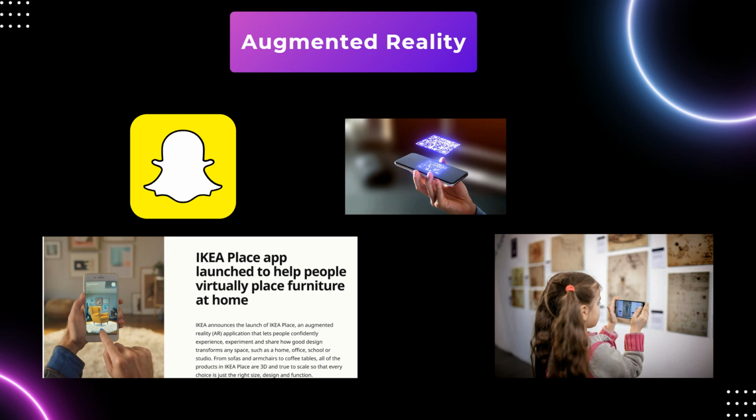As far as education goes, we can use apps such as, or a website such as WebAR, or apps such as Time Capsule to bring to life different elements that students may not have another opportunity to interact with.